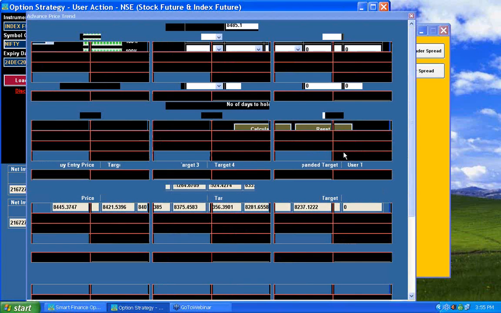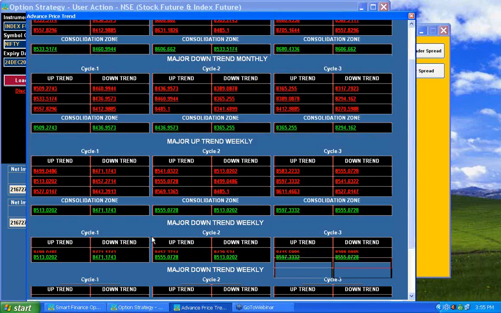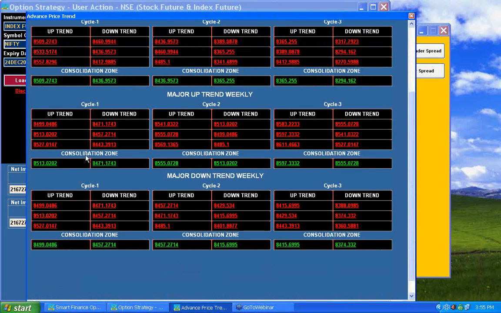By clicking that you can find out, during 1 month, what the cycles are for trend analysis, and during 1 week also, what the cycles of the trend are and what the consolidation band is. So every cycle will have uptrend price trends, and it will have a consolidation band.